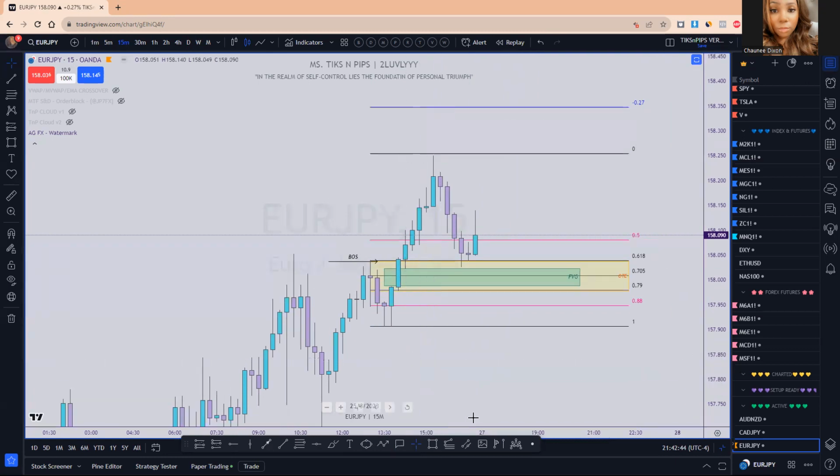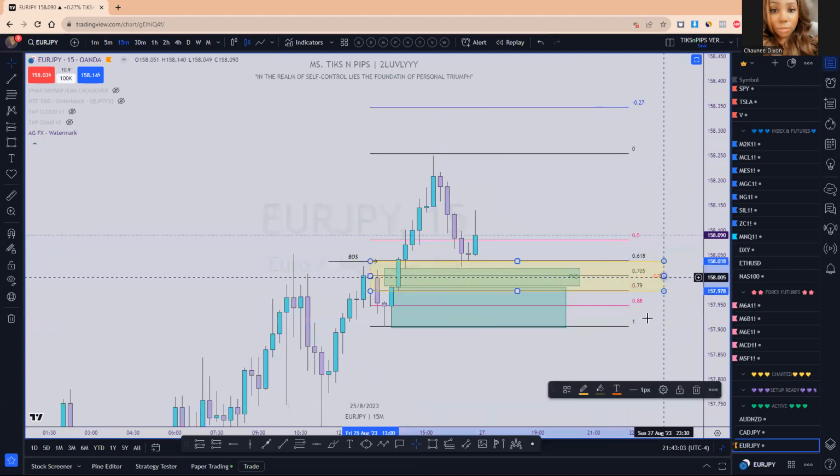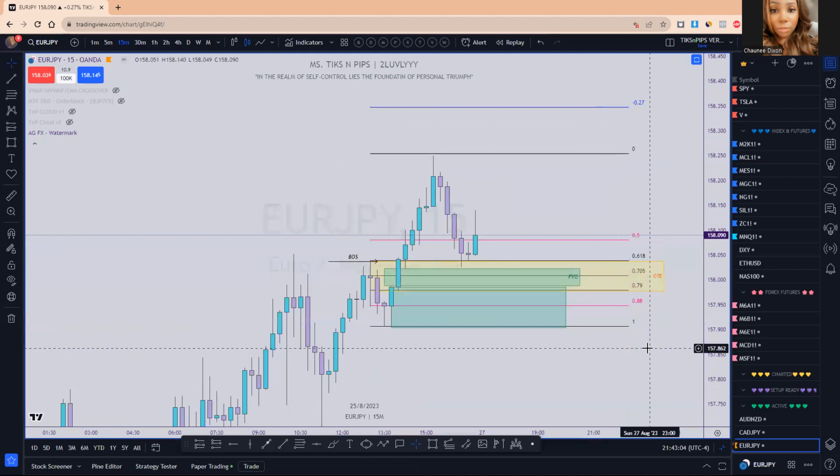And then, of course, my order block, which I don't really need to mark right now, but y'all know my order block sits right below my fair value gap. But what you're mainly looking for is either one of these two items to sit on or within your OTE area. It's a major confluence.